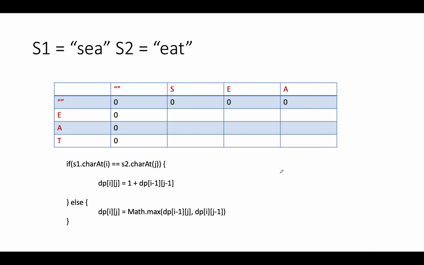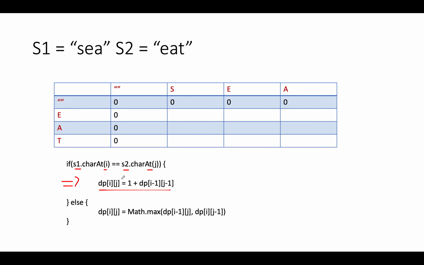So let's understand the dynamic programming approach for this. Using the recursive equations that I mentioned in the previous slide, I have created dynamic programming formulas here. This is the equality case, when S1 at the ith index happens to be equal to S2 at the jth index, so both the characters are equal.